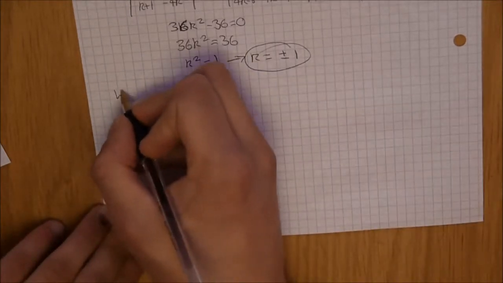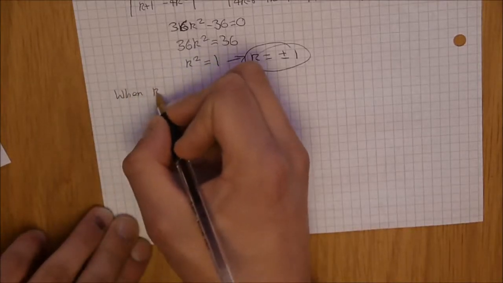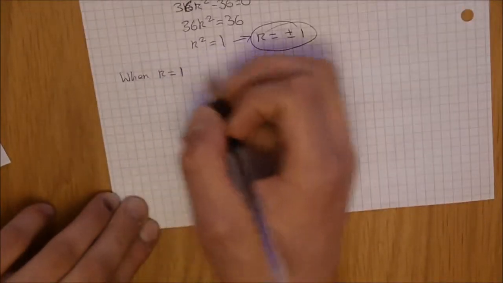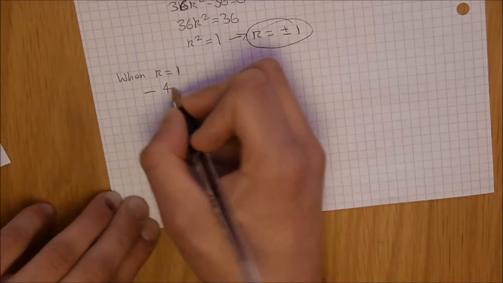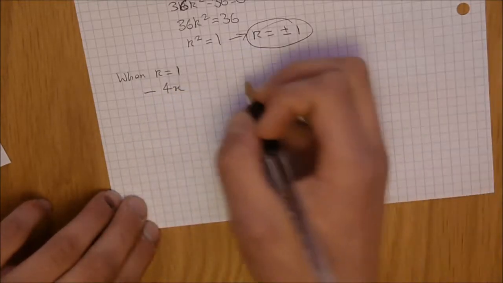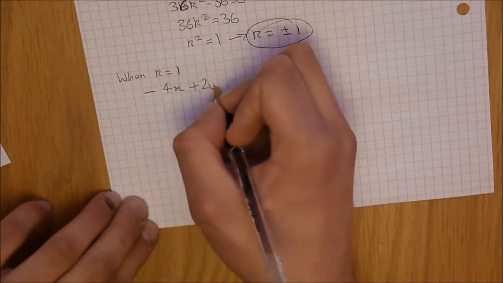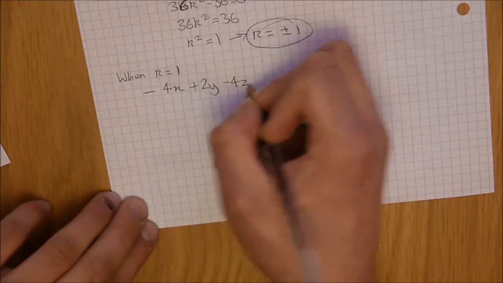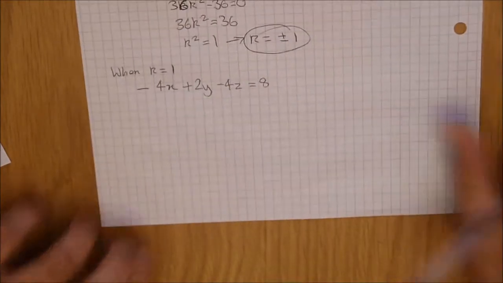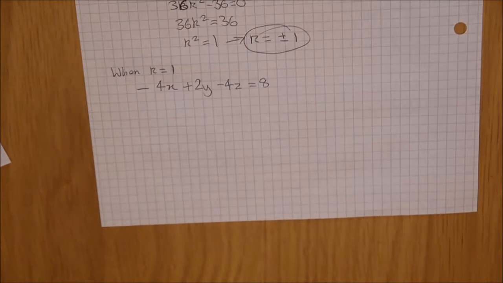So, when k equals 1, we do minus 4x, this is having substituted k in, plus 2y minus 4z equals to 8. Now, if you've noticed something about this, similar to what we had in part B, if you were to take a factor of minus 2 out of that, then you'd end up with 2x minus y plus 2z.